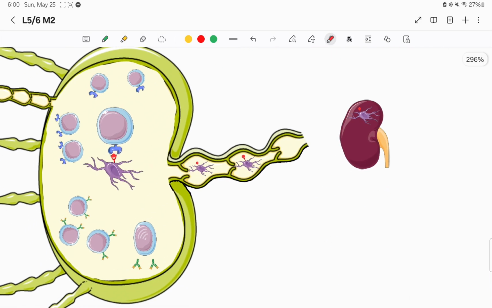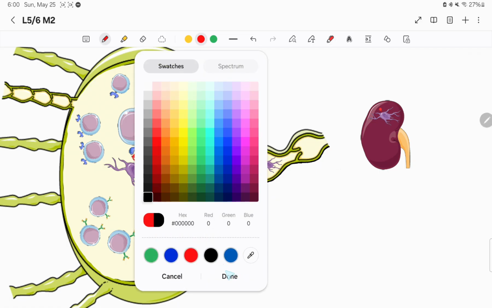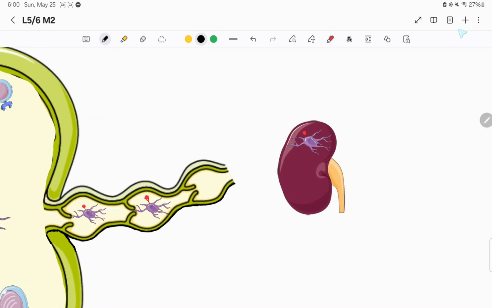To emphasize my point, let's finish it off with this scenario. Let's say that we have a resident tissue dendritic cell in the kidney, okay? And it takes an antigen that it extracted from a pathogen, right?